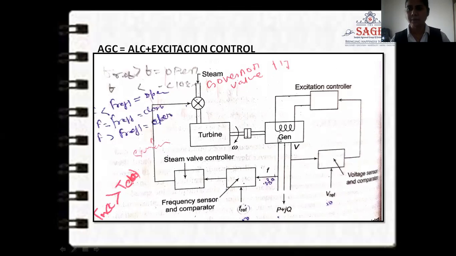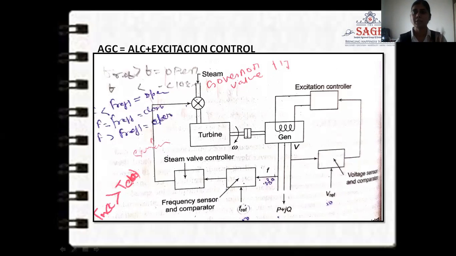Whenever this generator generates a frequency, this frequency is called F. Here, this is a frequency sensor and comparator, which means here we have put the reference frequency. When the generated frequency comes out in this system, in this block, it will be compared with the reference frequency.